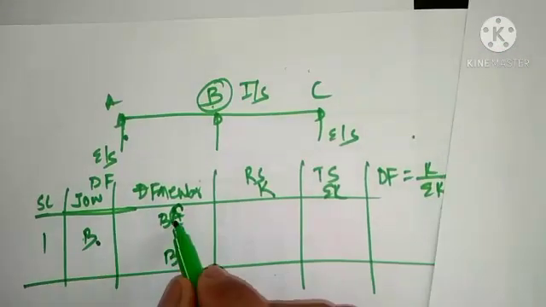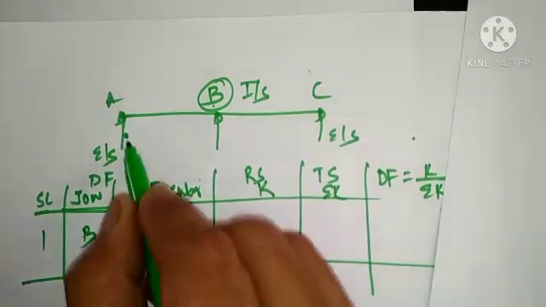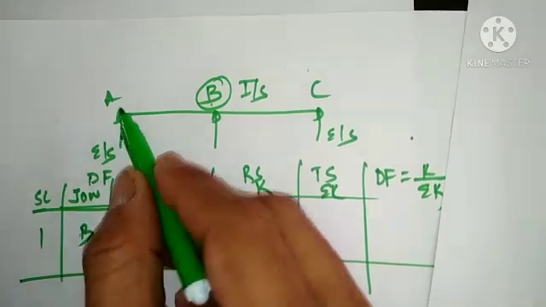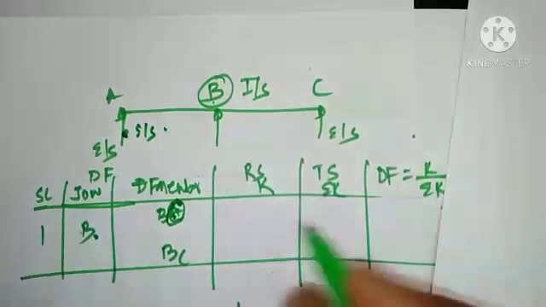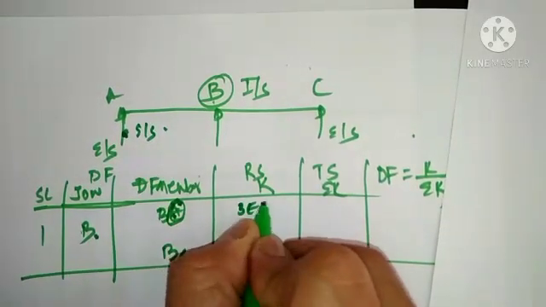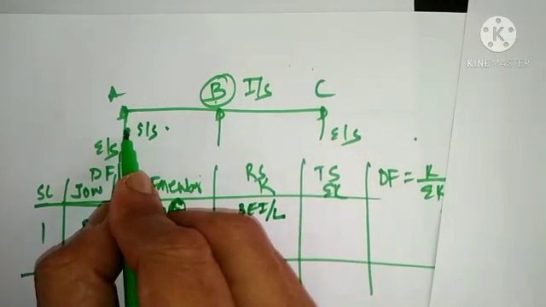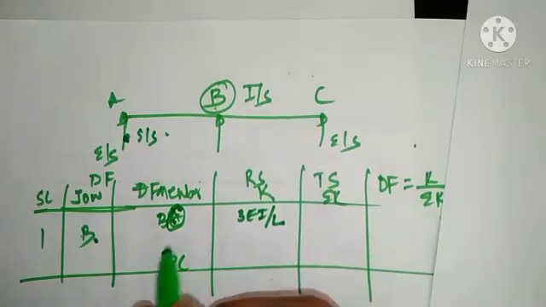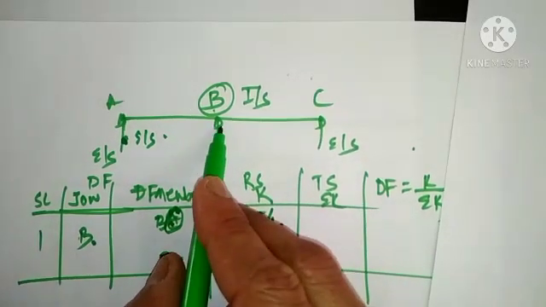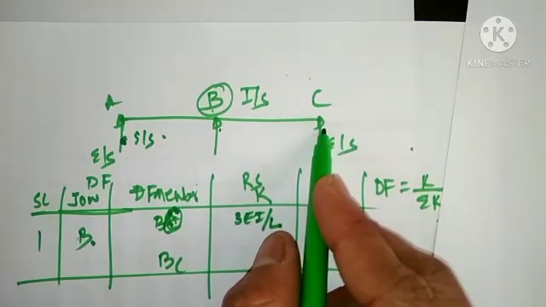Now if you look back at this particular diagram, A is an end support, and end support is simply supported. So formula shall be here now as 3EI by L. If it had to be fixed, then it should be 4EI by L. Likewise, if we consider B and look back at C, it is again simply supported.